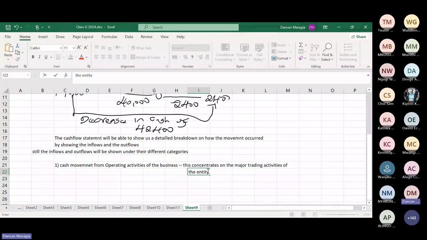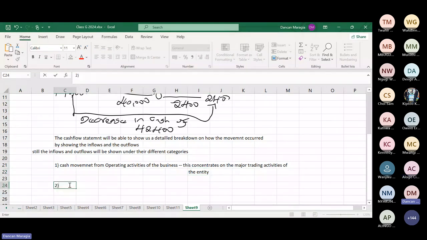So any cash movement within those sources of legal fees, payment to employees, payment of office rent, payment for stationery that are used to ensure the smooth running and achievement of the trading activities of the business will be recognized under operating activities.